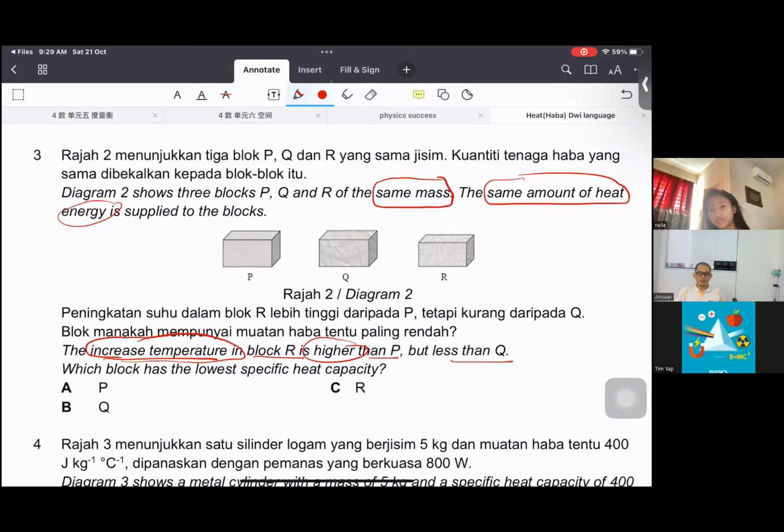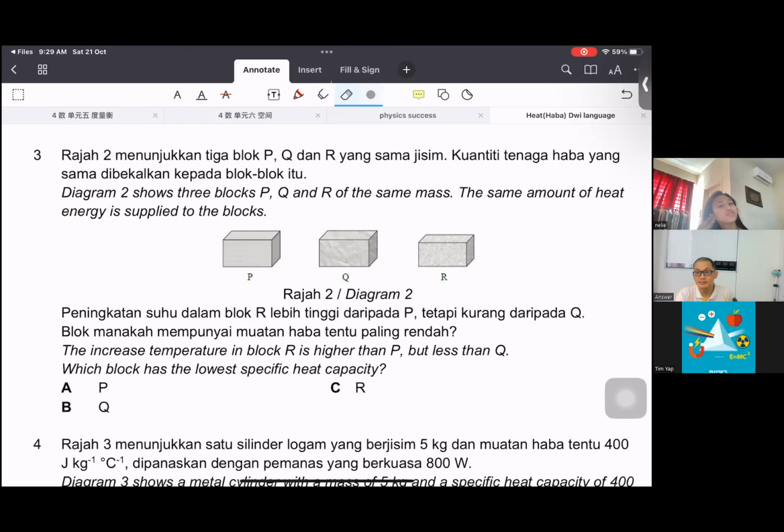Yeah, the answer is Q. Q rises faster, highest. That means the capacity is very small, so you can fill up the container very fast because of small capacity. All right.